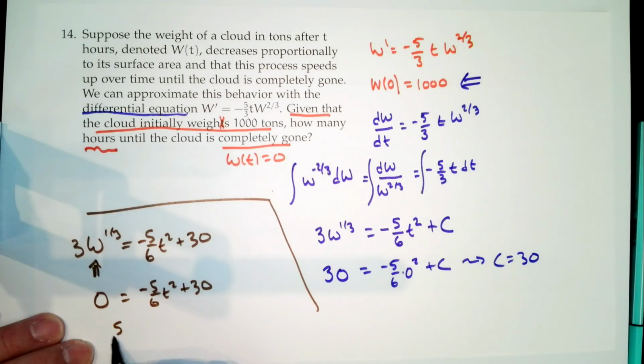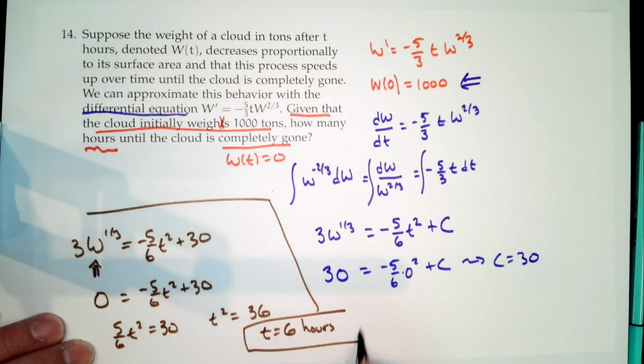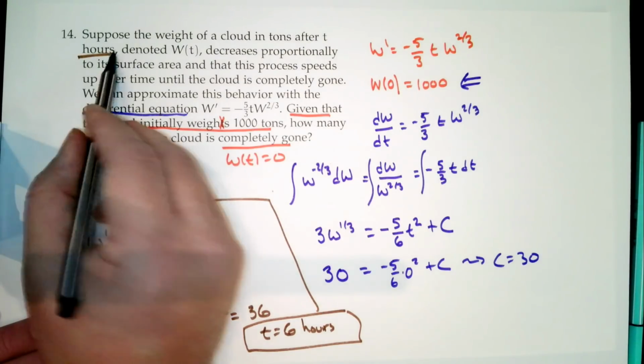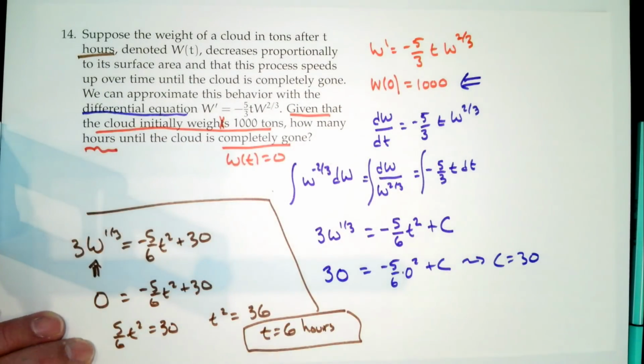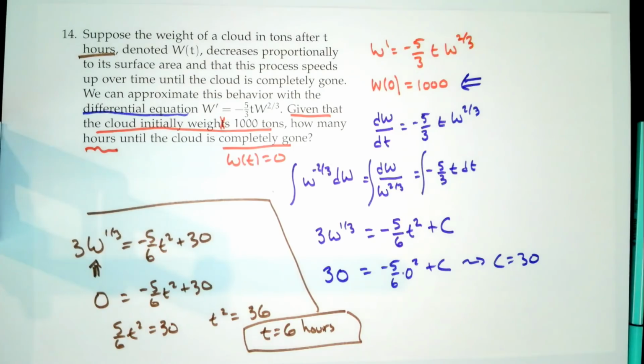Or 5/6 t squared better be equal to 30. Or t squared, well, I'm going to divide by 5, and that's going to give me 6. And multiply by 6 gives me 36. And so that's when t squared equals 36. So what is t? t will be 6. And our units are hours. 6 hours. And how do I know it's hours? Because it told us t hours. And we're done. That's it.